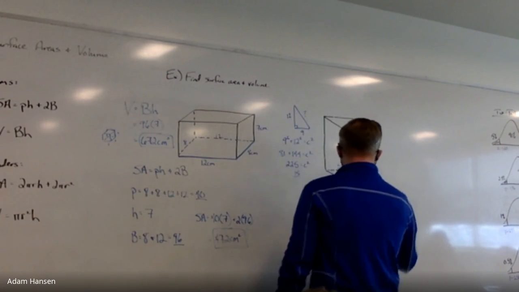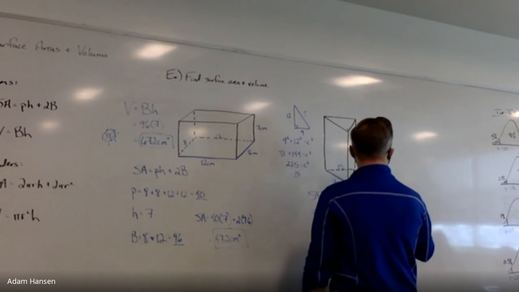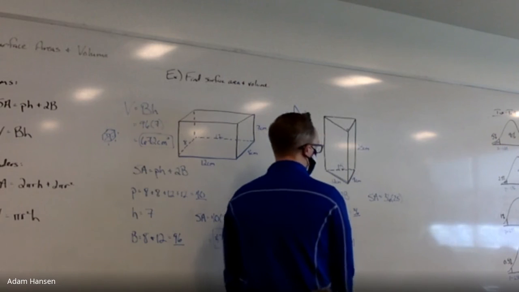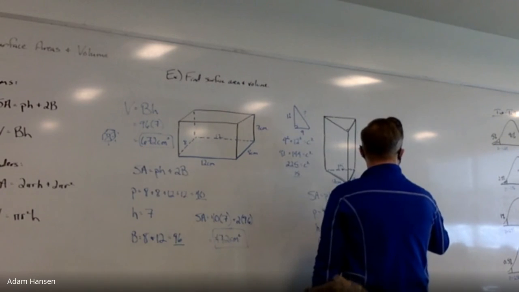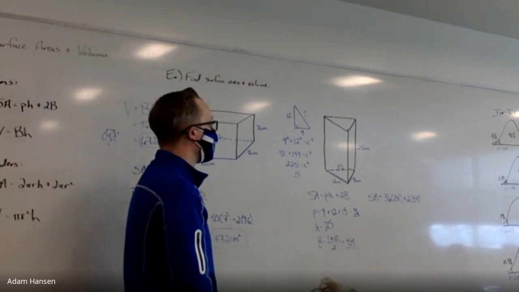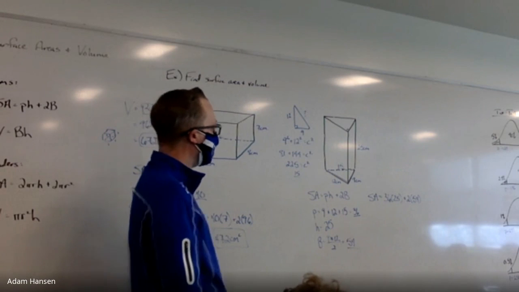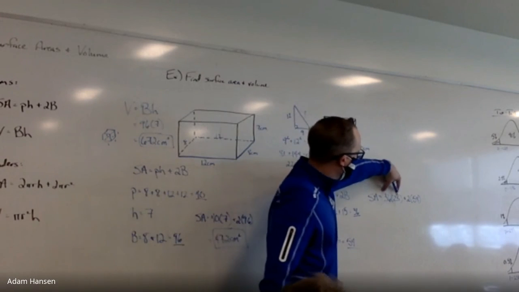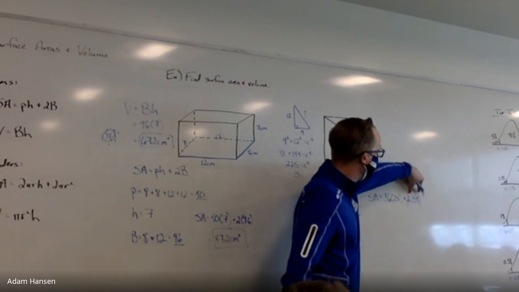Surface area would be P times H, 36 and 25 multiplied together, plus 2 times 54. This is the area of all 3 rectangles around the prism. This is the area of each of the 2 triangles on top and bottom.